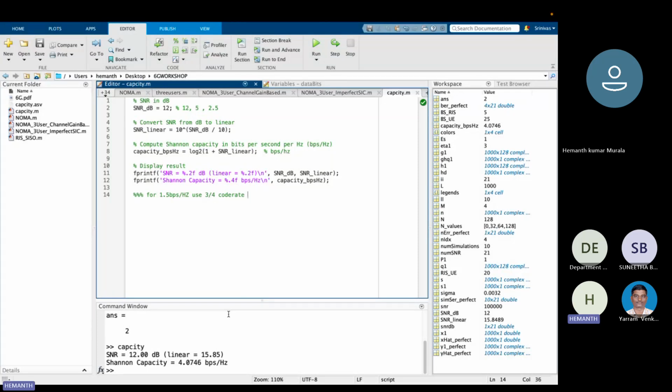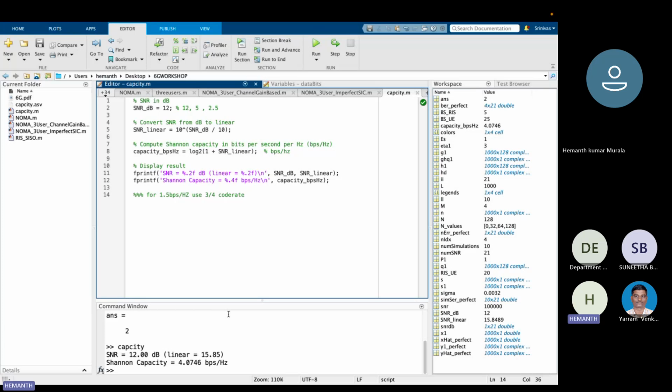QPSK means 2 bits at a time you have to transmit. Okay, 64 means? Yes, 6 bits.